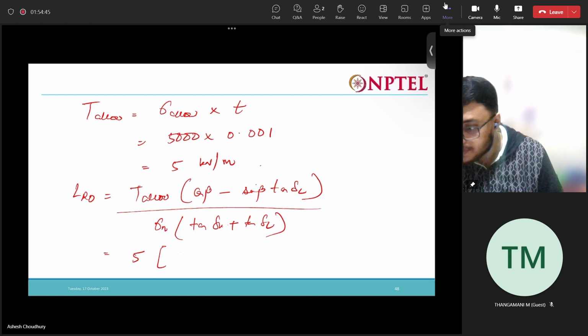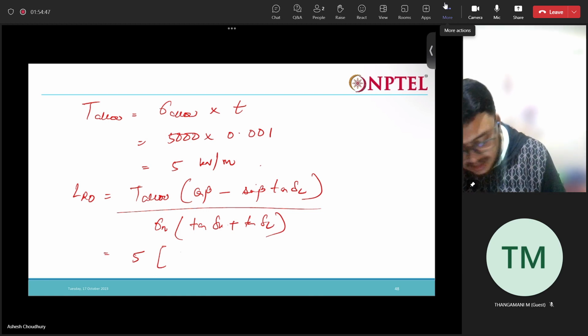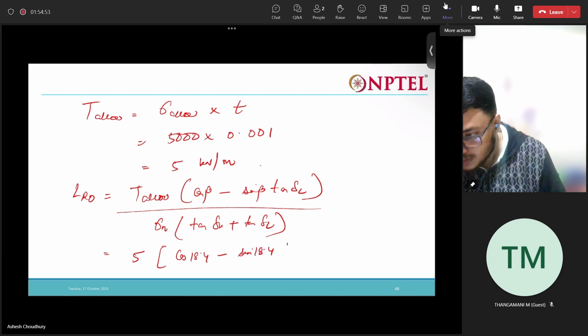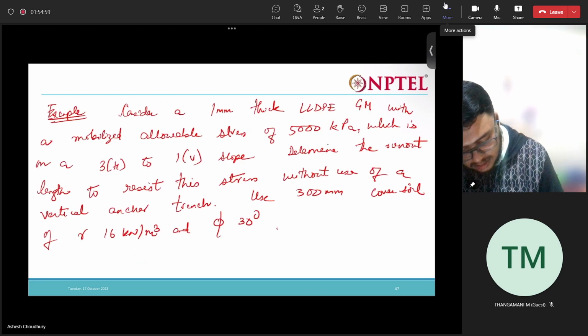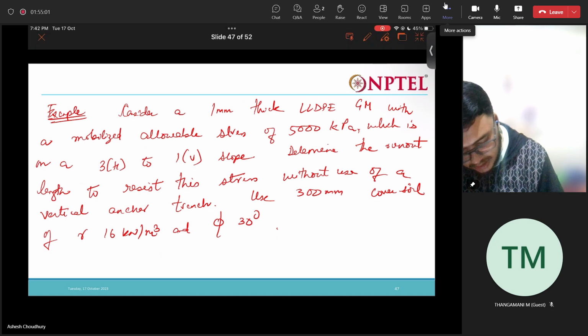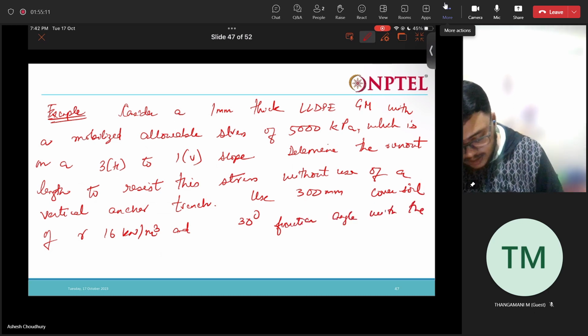Cos beta, what is beta? 3 by 1 means 18.4. 30 degree friction angle, but this is not phi actually. This is the friction angle with the geomembrane.